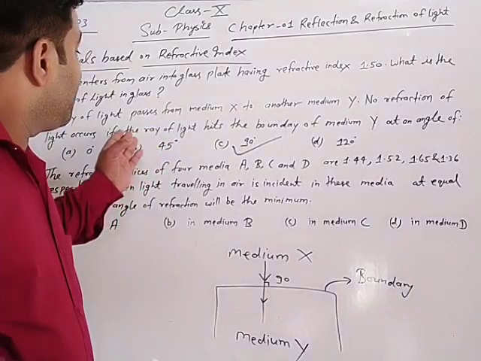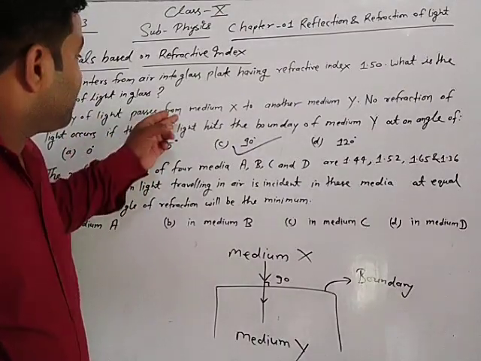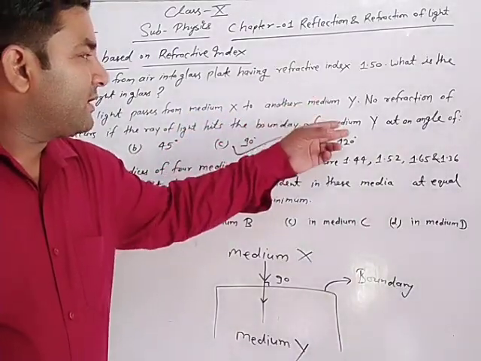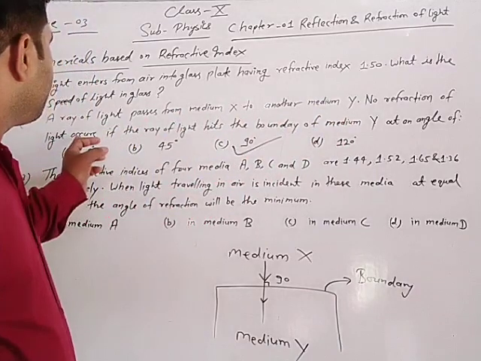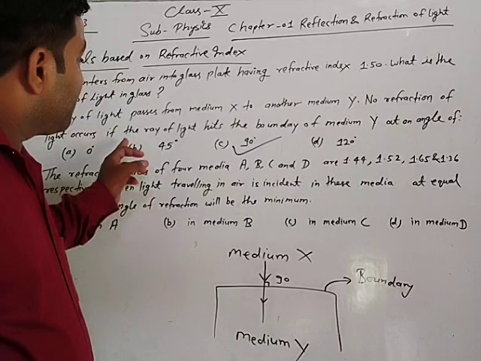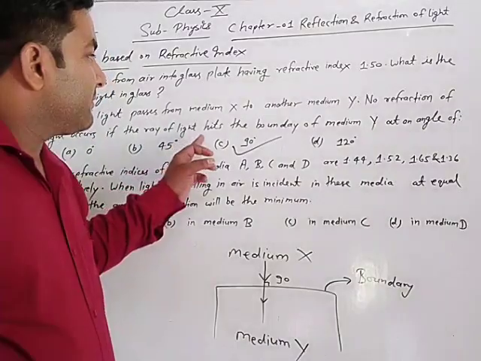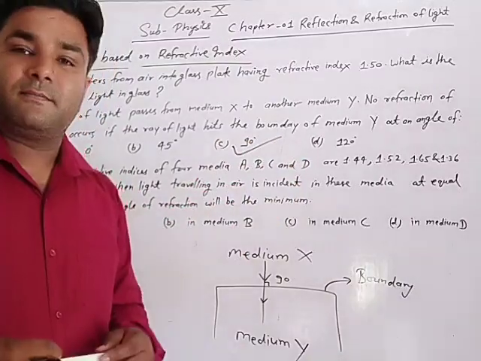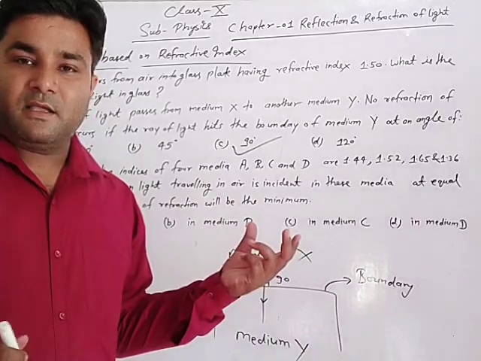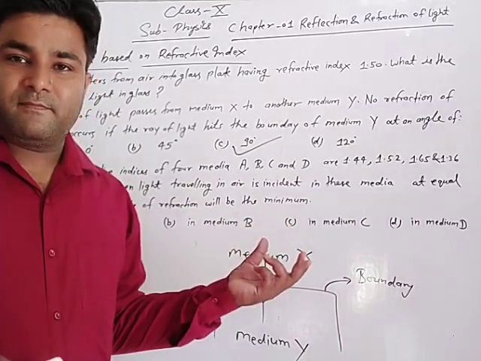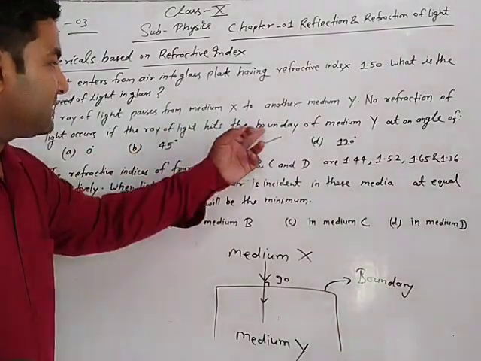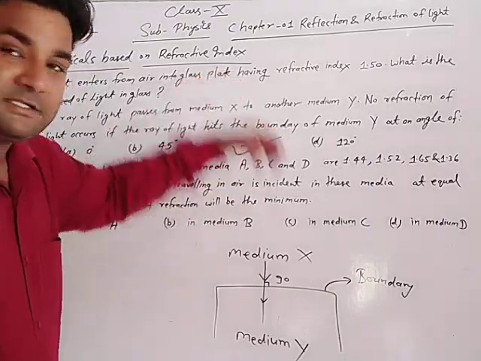Suppose the question is: a ray of light passes from medium X to medium Y, no refraction of light occurs, if the ray of light makes an angle with the normal. If the angle asked is with the normal, then the angle will be 0 degree, but here the angle asked is under the condition at which angle the light ray hits the boundary.